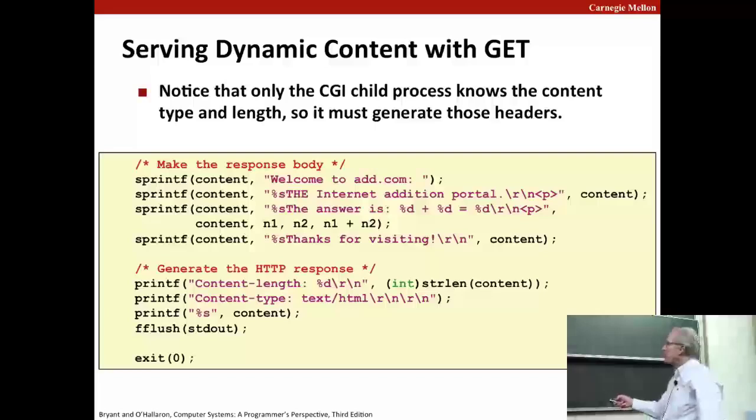And just to be sure it all goes out, I'll flush that at the end. So what's happening here is that it's the job of the CGI program to write the HTML and send it back to the client.